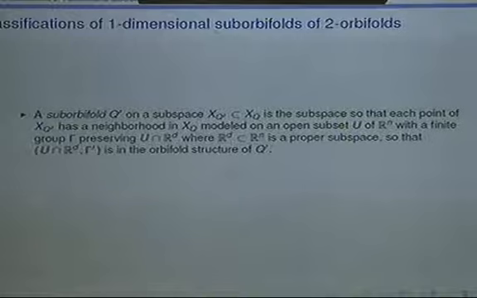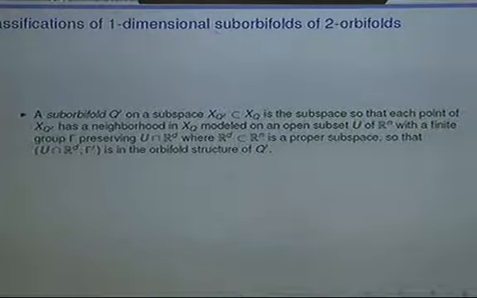Right. So now what I want to do is a cut and paste with these two orbifolds to study the geometric structures. You recall that a suborbifold means that you want to have a nice embedding even in the model charts, and the group action preserves these subspaces.